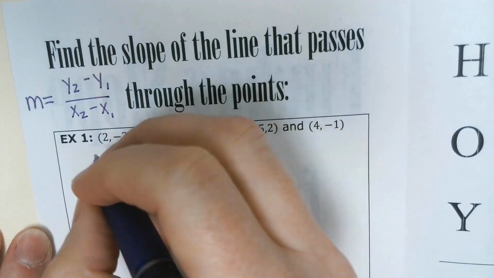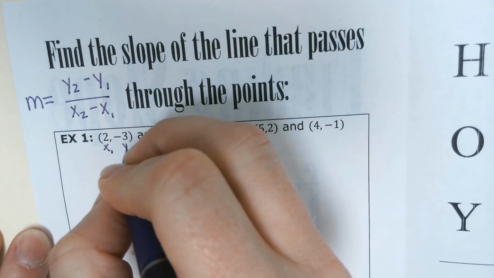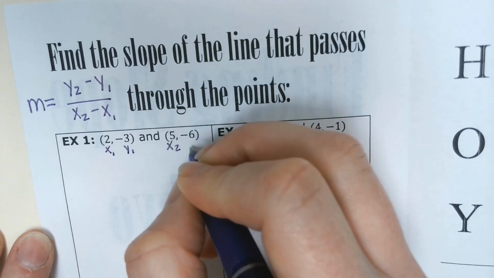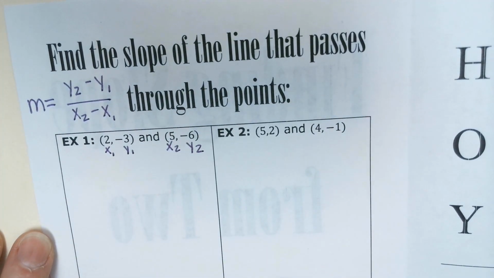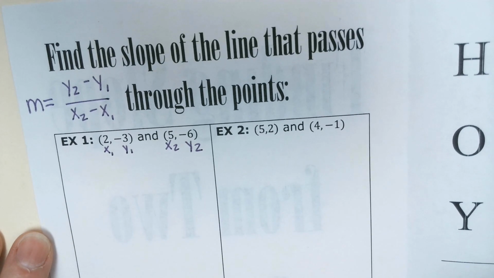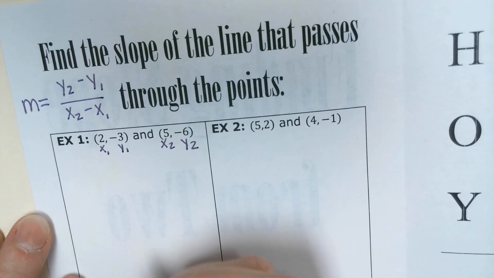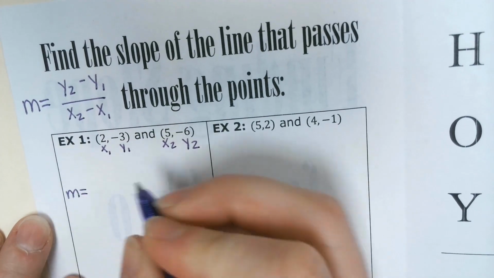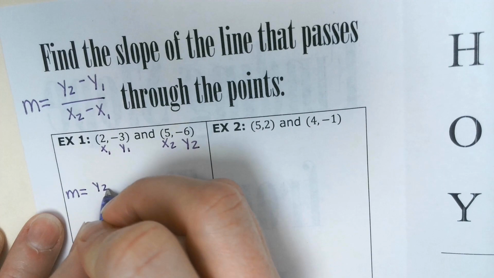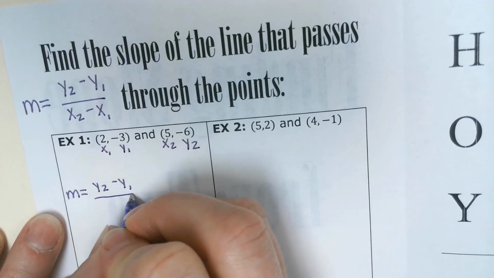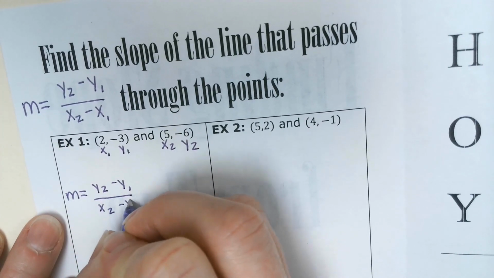So whenever you have points, you're going to label them x1, y1, x2, y2. So M equals, let's go ahead and write the formula again. y2 minus y1 over x2 minus x1.